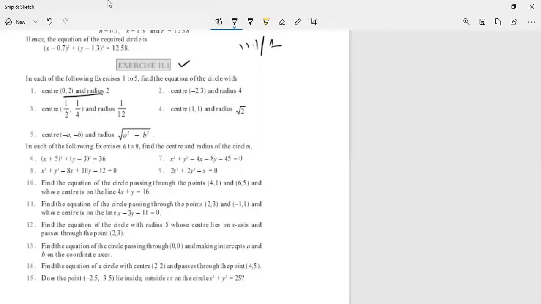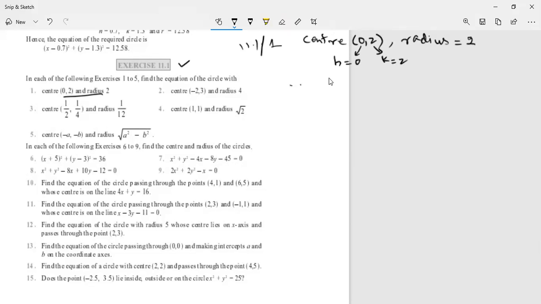Here the center is (0, 2) and the radius is equal to 2. So center means (h, k): h is equal to 0 and k is equal to 2.